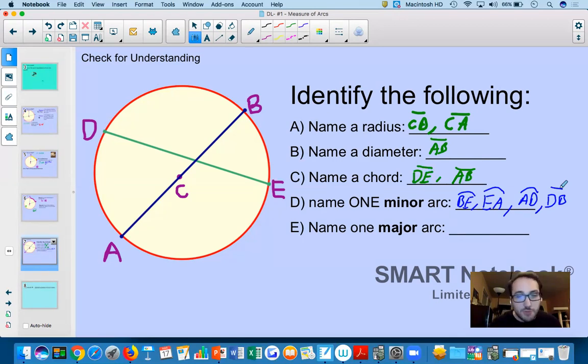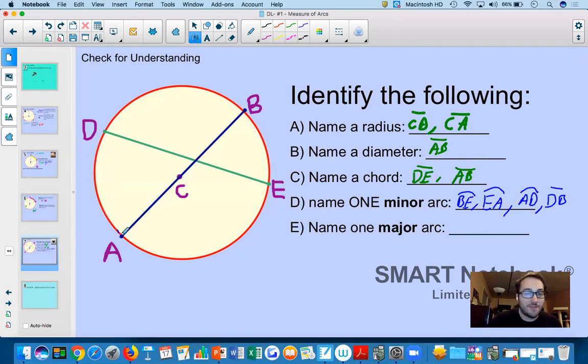All right. Last, major arcs. Don't really care that much about major arcs, so I'm only going to do one example, but you just need 3 letters that go past halfway through the circle. So for example, if you said A, D, B, that's wrong because A to D to B is half the circle. Remember, the diameter splits a circle in half. So that wouldn't necessarily mean it's a major arc. Major arc needs to go past that.